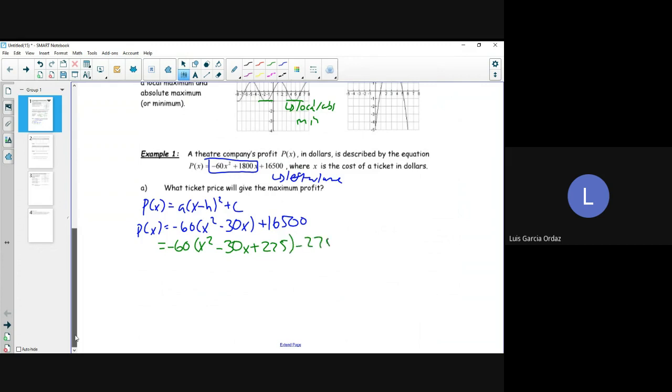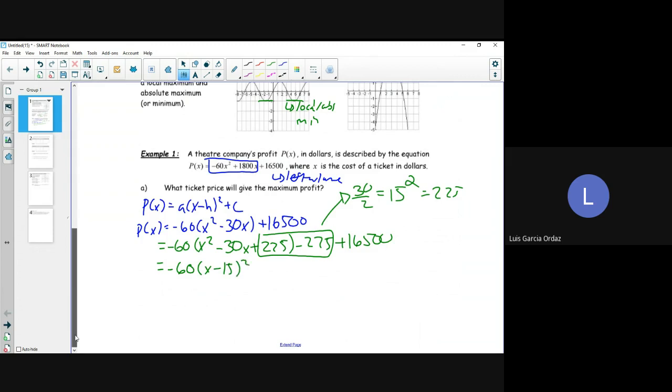minus 225 plus 16,500. Remember, these values you get from taking 30, dividing it by 2, which is equal to 15, and then squaring that value, which gives us 225. So then we are left with negative 60 bracket x minus 15 squared.